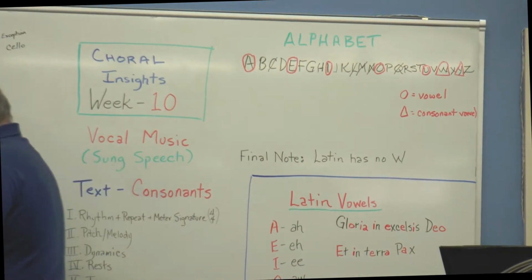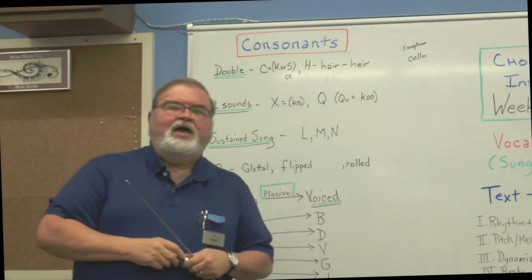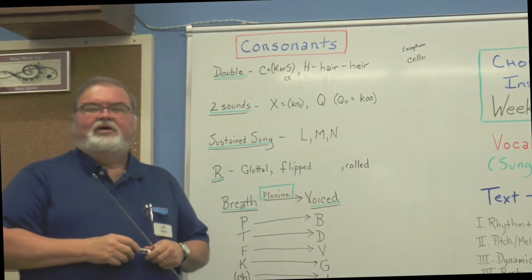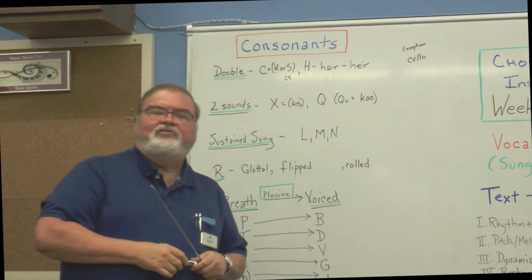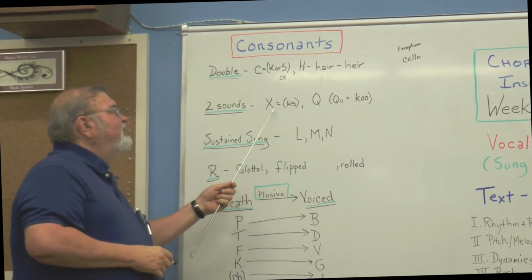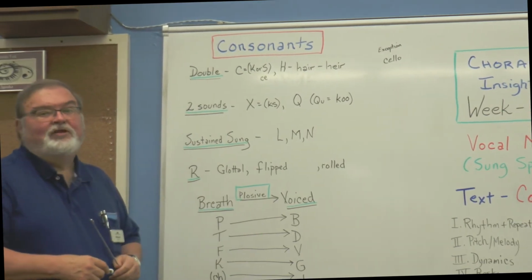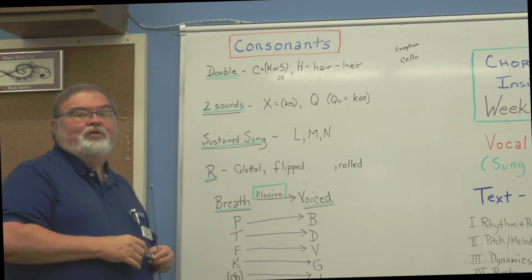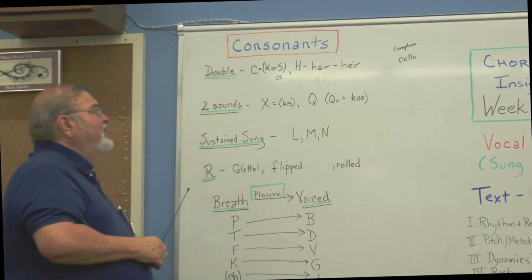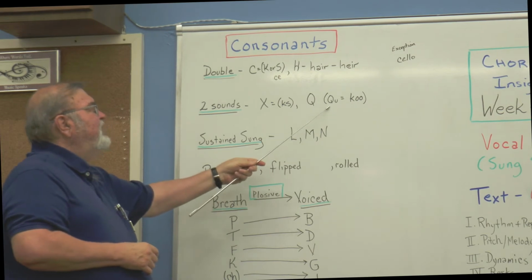Now let's talk about consonants that have two sounds. An X has a K and an S sound together. You have to make both sounds for an X to happen. An X usually is preceded by an E, but not always. And then Q, we've already covered with the two sounds there.